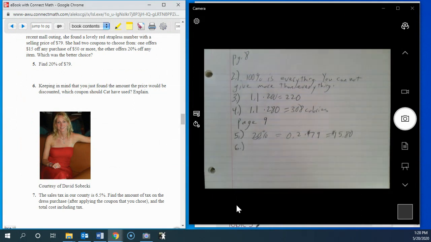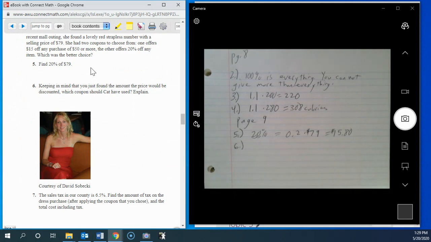Okay, number 6, it says, keeping in mind that you just found the amount the price would be discounted, which coupon would Kat have used? Now, if we look at these directions here, it says that one offer is $15 off any purchase of $50 or more, and then you had a 20% off. The 20% off is $15.80.